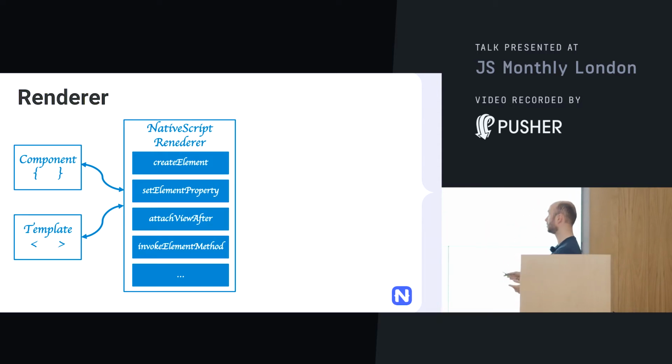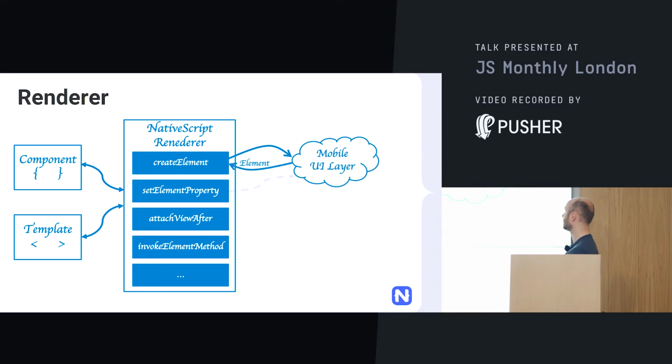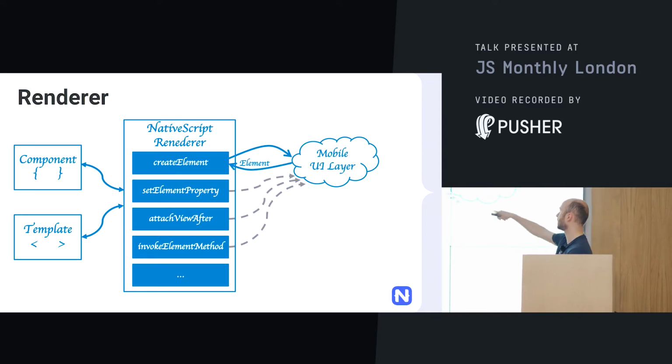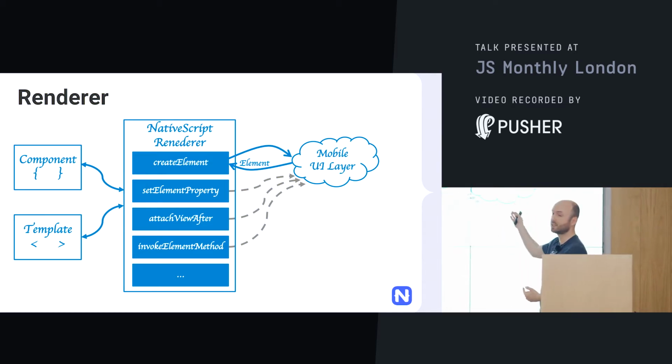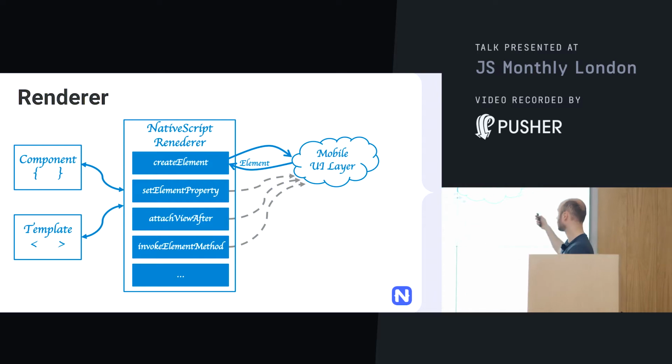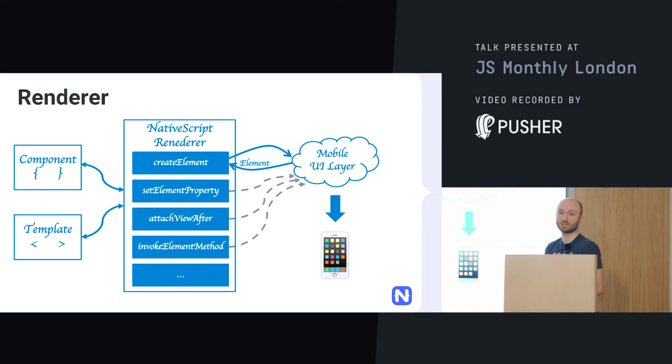We just had to make it work with these functions. So we found a way that we could implement create element that would perform something on the mobile UI layer, and this would return a native element. And as a result, we could get a mobile application.